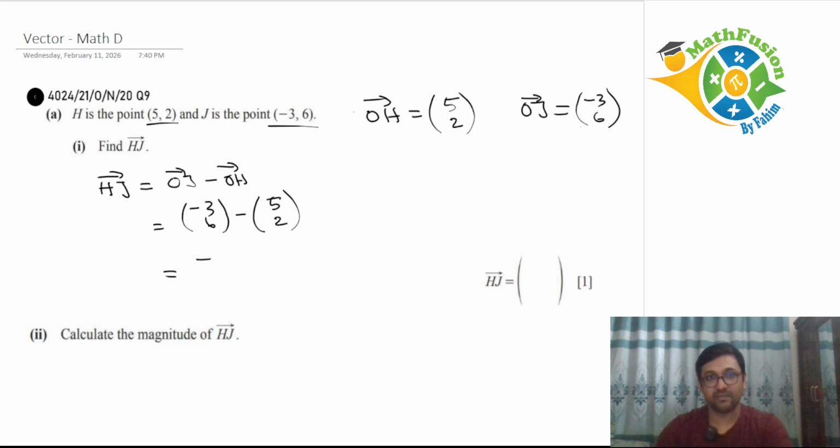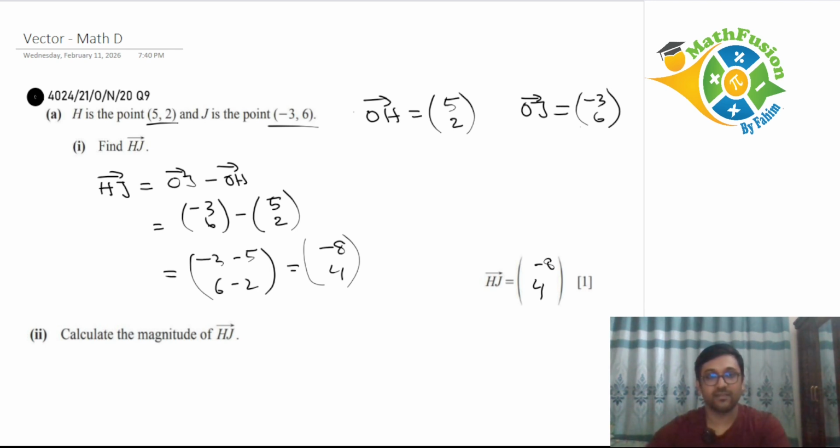We subtract: -3 minus 5 is -8, and 6 minus 2 is 4. So this is the column vector of HJ, (-8, 4).